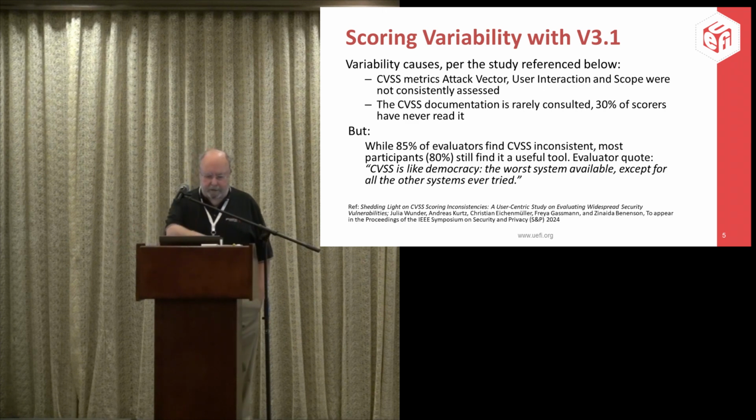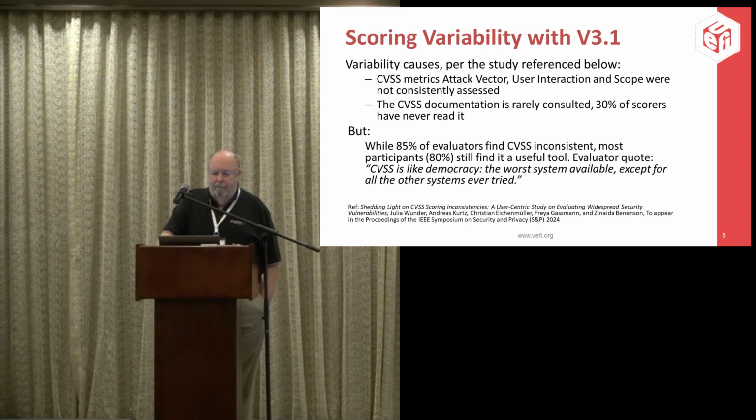A group, it's in the fine print on the bottom of the page here, did a little research project and is publishing a paper with the IEEE. It isn't out yet, but there's a link to it here where you can see it. But to evaluate why it is that these things were different. Why were we getting all these differences between scoring? What was wrong with this?